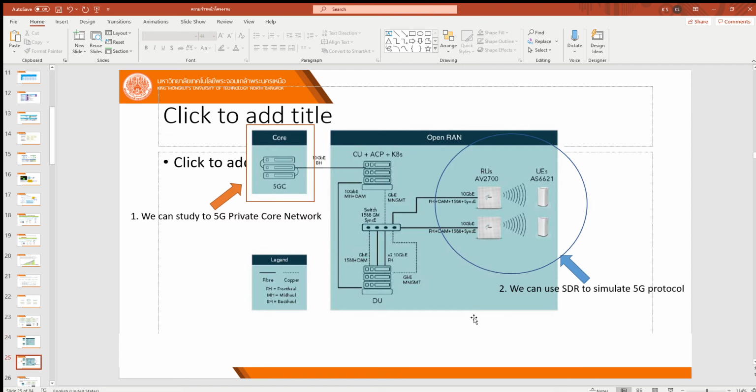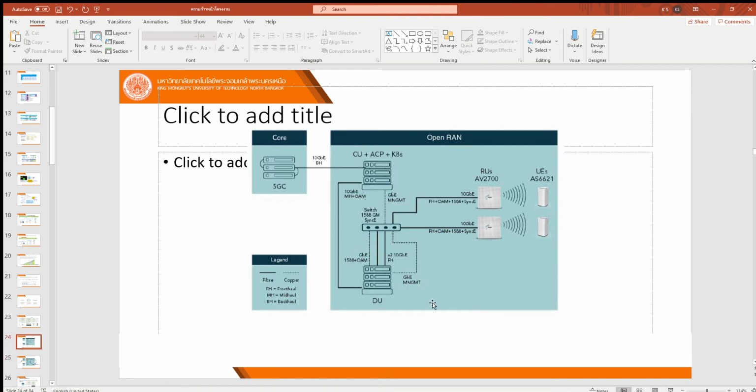And this one is the photo of the 5G core network. For the 5G core network, you need to have the 5G core. And then this one, open RAN, is something about the radio unit. So the 5G core is connected to the radio unit using 10 gigabit Ethernet, because you need high speed for 5G communication.